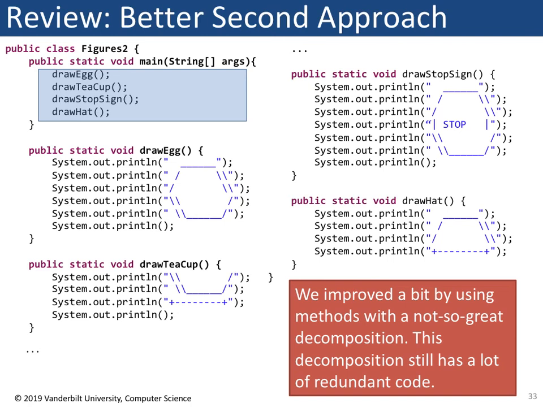So if we wished to draw an extra hat, we could simply call draw hat again on the next line. So this was a better approach, eliminated some redundancy, and made the code significantly more readable.